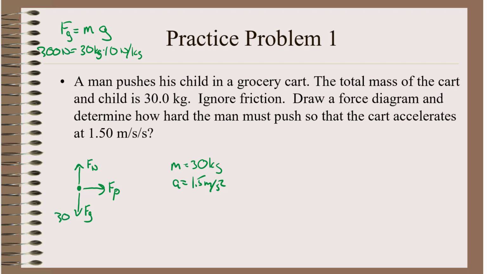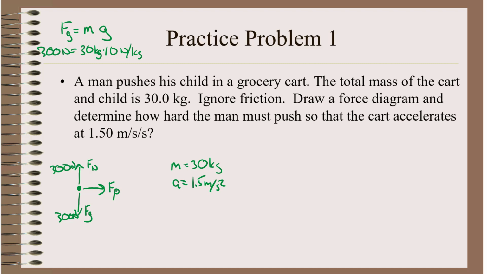So we know that, and this one up here, because we already knew that they had to be equal. They were just in different directions. The push, on the other hand, we don't know. Now, we know these two cancel out, so the only thing left is this push.